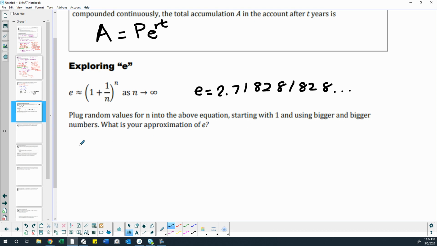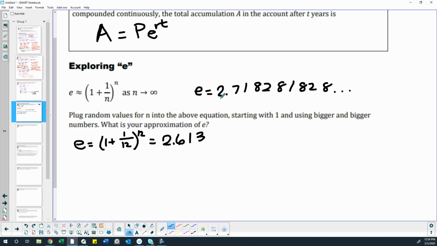So let's go ahead and plug in some numbers. So that would give us 1 plus, I don't know, should we try what we've been using, like compounding monthly? Let's go ahead and do monthly and see what value we get for e. So I'm going to put that in my calculator, 1 plus 1 divided by 12 to the 12th power. And that gives me 2.613.